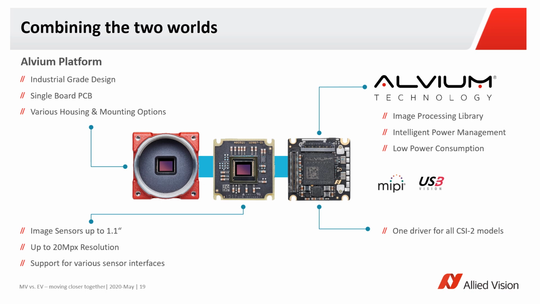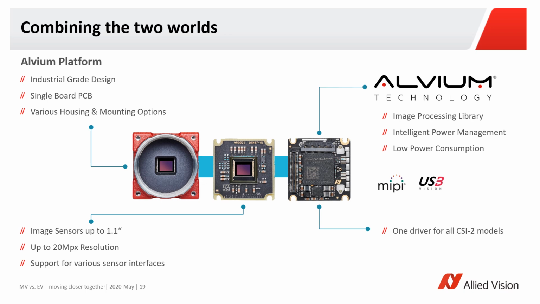It is based around the Alvium technology and an ASIC, which we developed ourselves, which features an image processing library. So it has certain image pre-processing functionality already integrated on the module. It also integrates an intelligent power management, only drawing power when you need it, and an overall low power consumption.